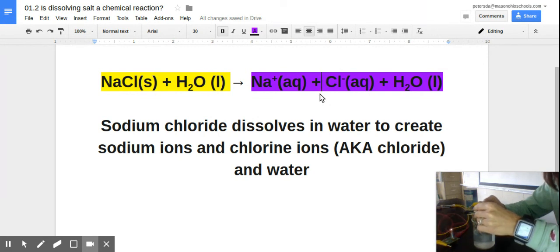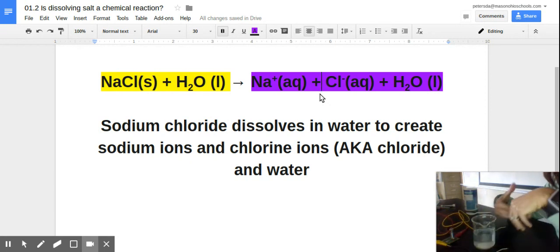We can see that it transfers through the ions and creates the complete circuit. So this is one more way to prove that what we had to start with is different from what we had to end with. Again, we have a new substance, therefore it is a chemical reaction. So yes, dissolving salt in water technically is a chemical reaction.